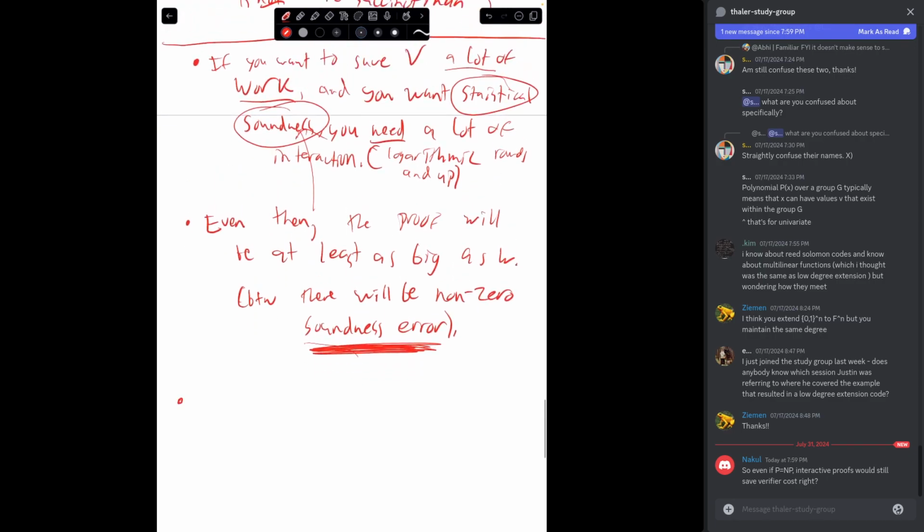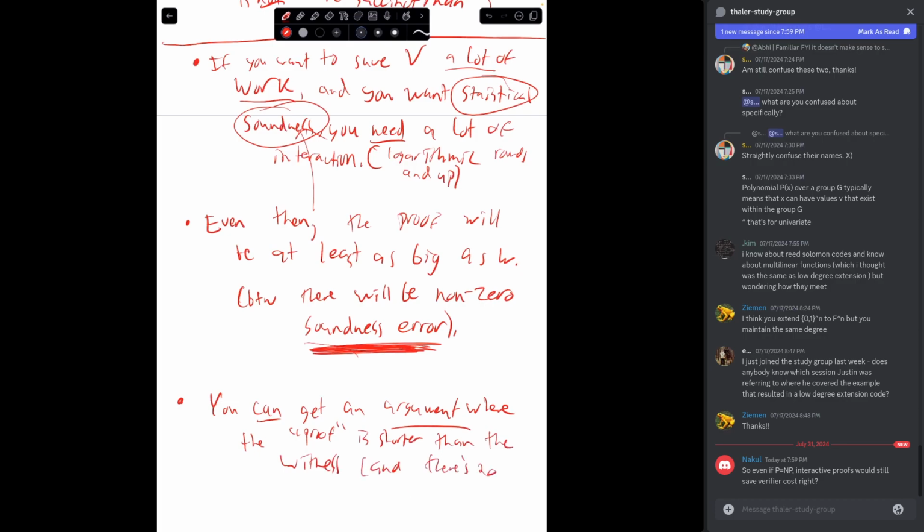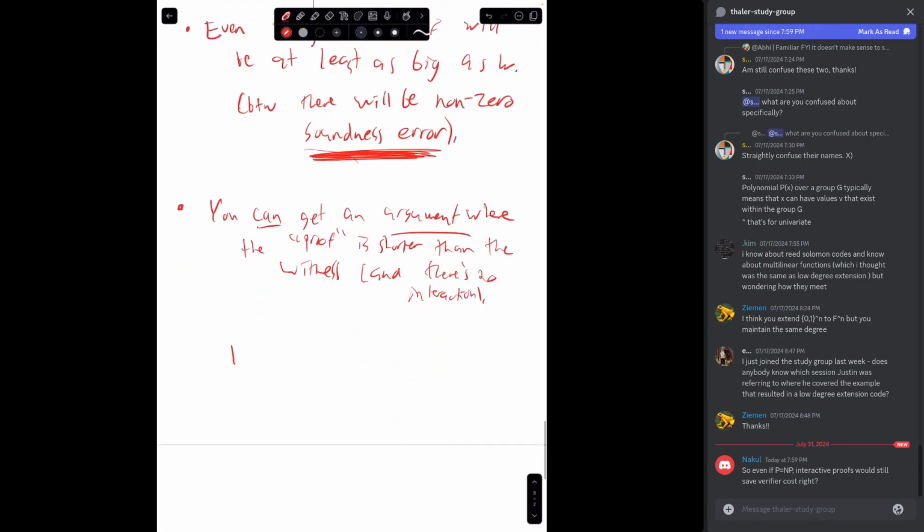And of course, you can get an argument, where the so-called proof, but it's no longer statistically secure because it's an argument, is shorter than the witness and there's no interaction. But the way that always works is the prover commits to the witness cryptographically.